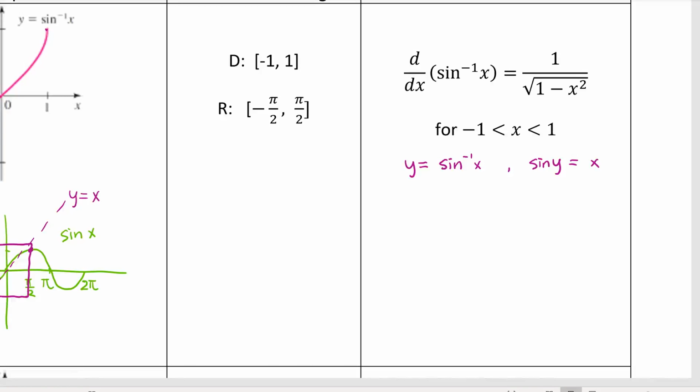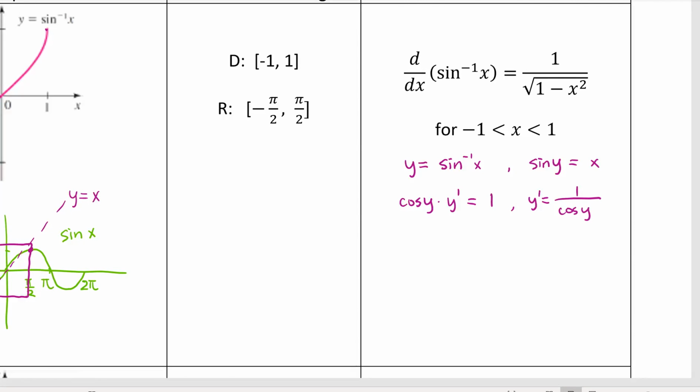And then we can do implicit differentiation. The derivative of sine y is cosine y, and when you finish differentiating y, you have to multiply by y prime. The derivative of x is 1. How do we solve for y prime? Well, y prime is then 1 over cosine y.